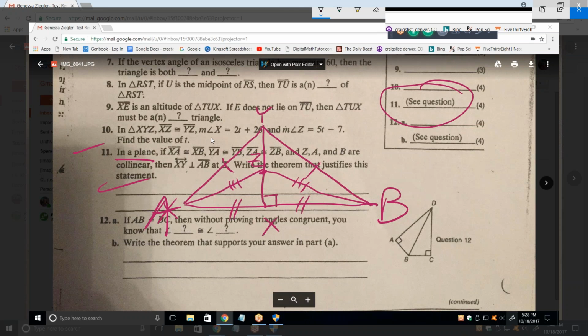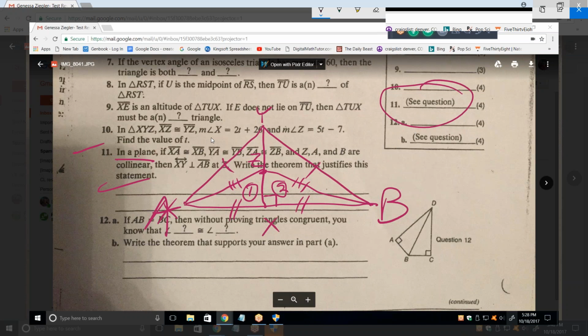Okay. I think we can do that. Notice that if I can prove that triangle AZX, triangle 1, is congruent to triangle 2, then that's going to prove YX is perpendicular to AB.